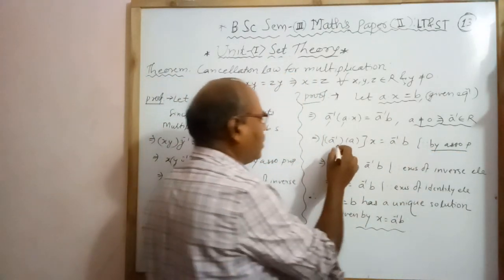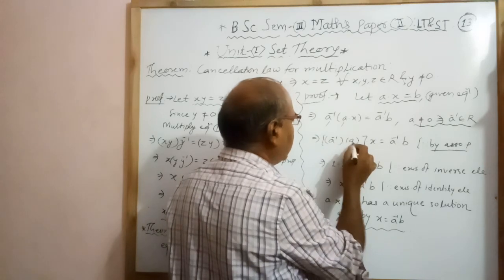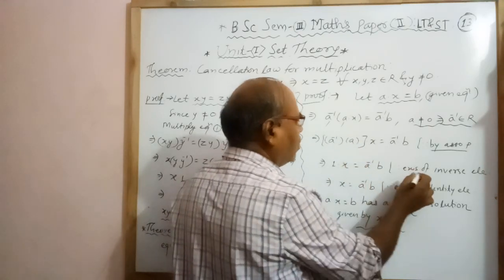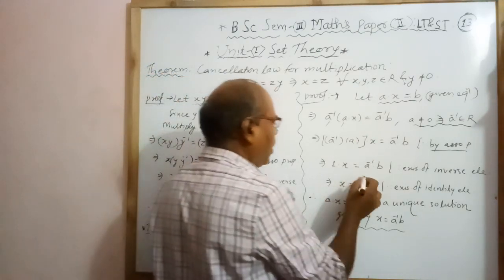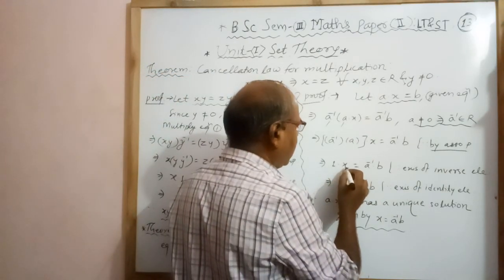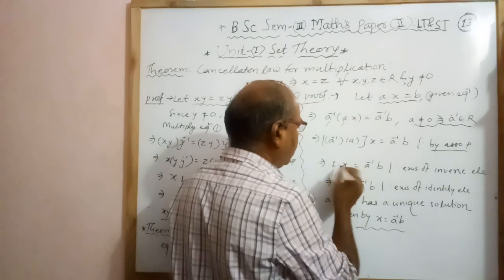Again, by existence of inverse element, we have A inverse into A equal to 1. Again, by existence of identity element, if we multiply any number by 1, we get the same number.